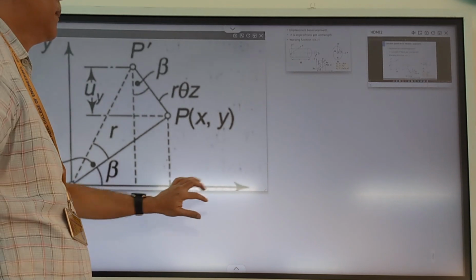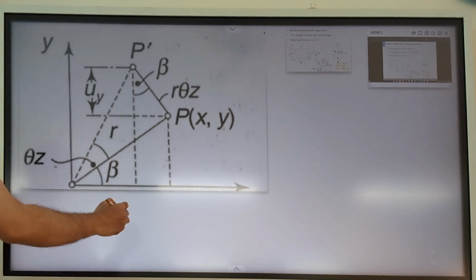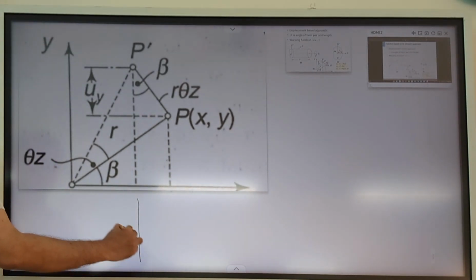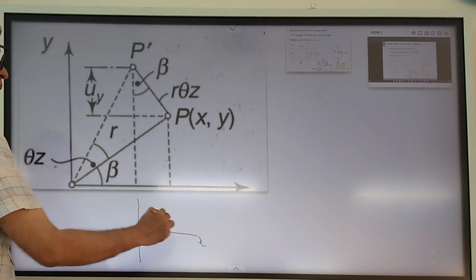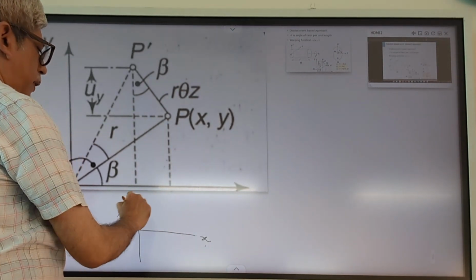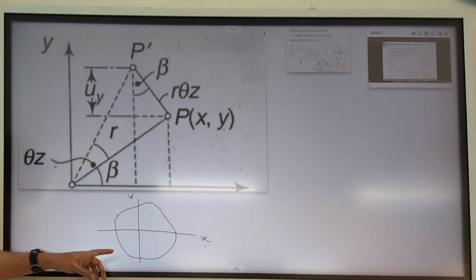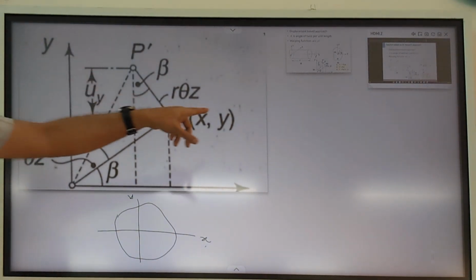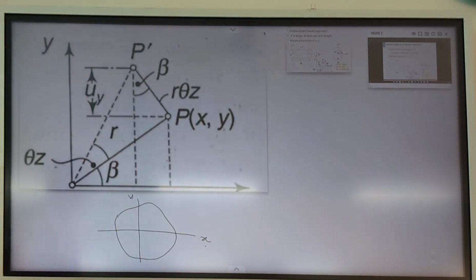So what we are considering here, we have got the x-axis, we have got the y-axis, and we have got the cross section of this particular body that we discussed here.